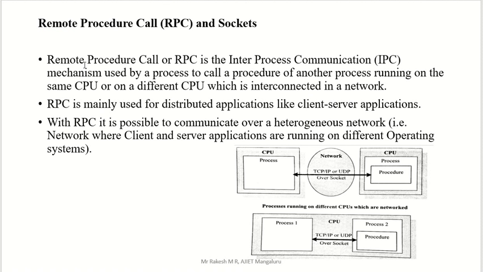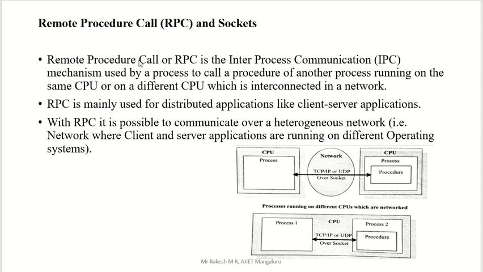In shared memory we can send a lot of data, there is no limit, but in message passing there is a limit, we can send only a particular amount of data. In the remote procedure call system, we send every piece of information to another process through the internet. We directly use a TCP or UDP protocol, and by using that protocol we send information from one process to another process.